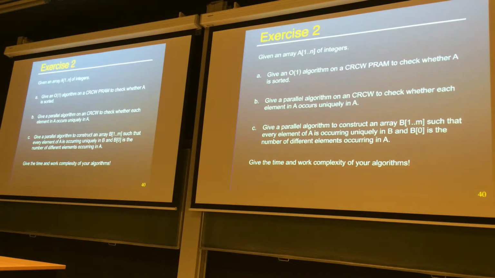You can, for all elements, initialize an array with all zeros, for example, and then for each element, you take the element as the index of that array, and write a 1 to that position. So then you get an array of ones where elements are, and then just delete all zeros, and then you can use prefix sum to calculate each zero.